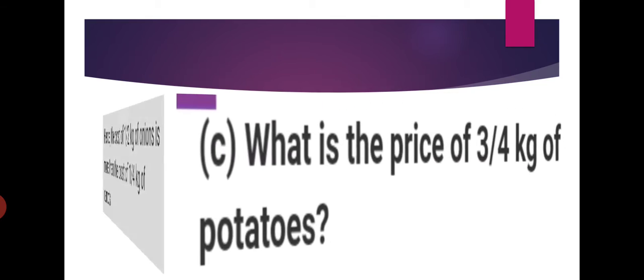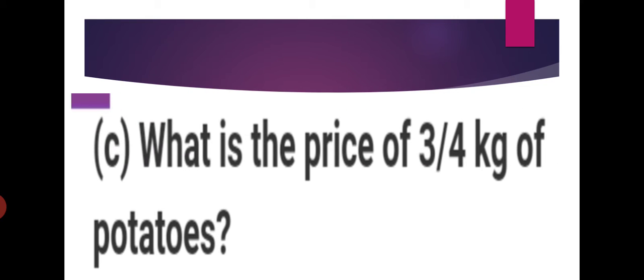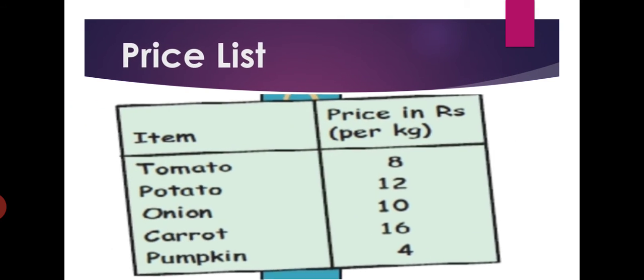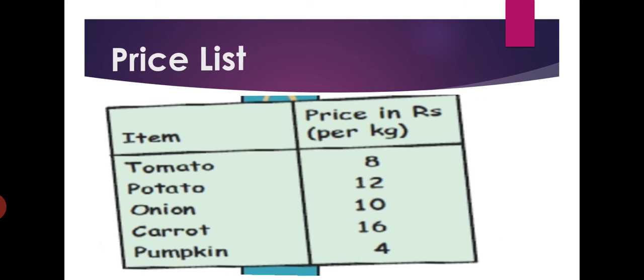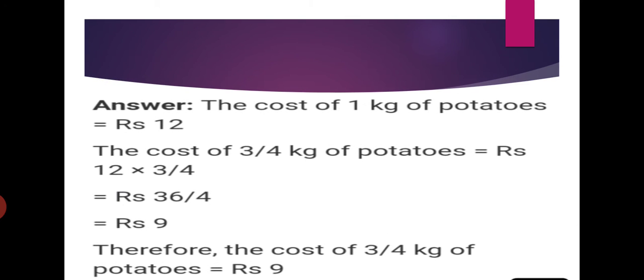Next question, what is the price of 3/4 kg of potatoes? Now you have to calculate 3/4 kg of potato. Again check the price list. 1 kg of potato is equal to rupees 12.